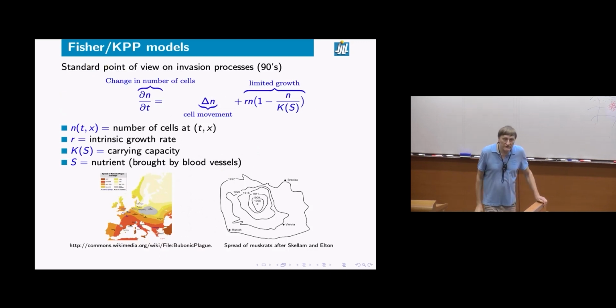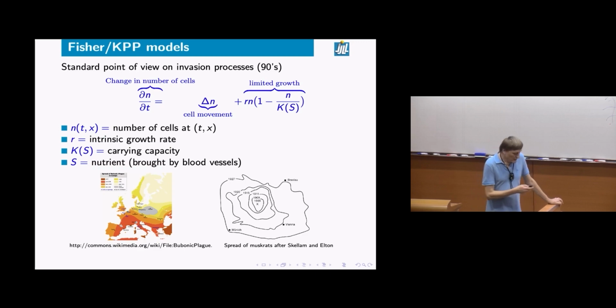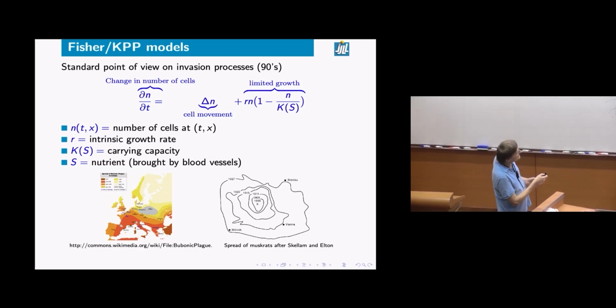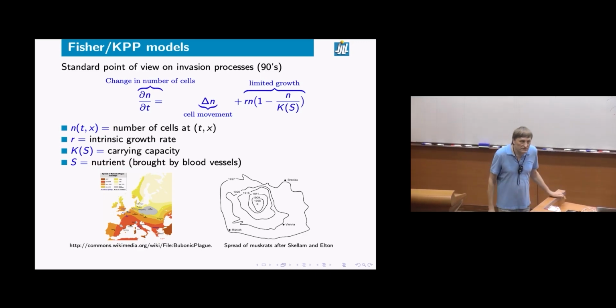There was a study in the 50s where in some farms, I think this is, I'm not very good in geography, I think this is Czechoslovakia, or this was Czechoslovakia. In any case, they had a farm where they were growing muskrats, which are not European animals. They were imported from America for their fur.